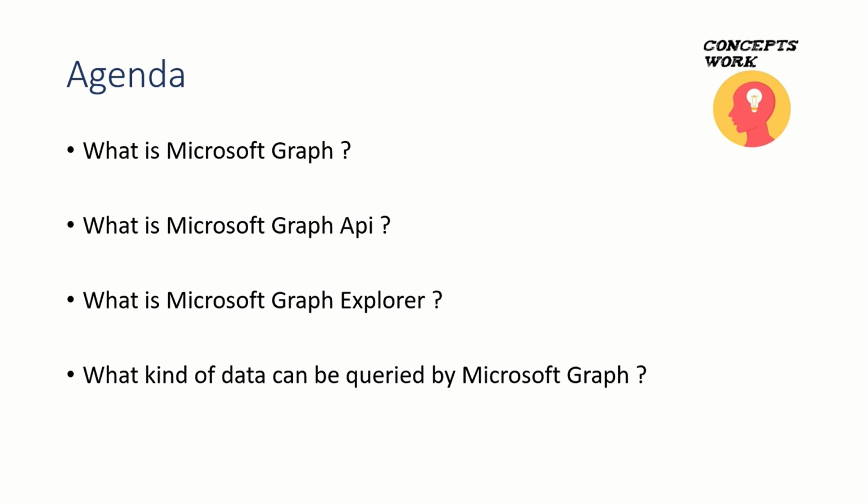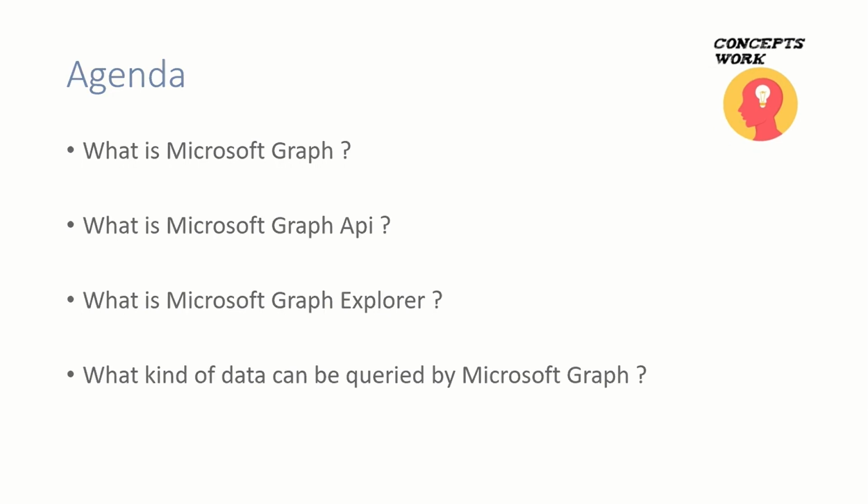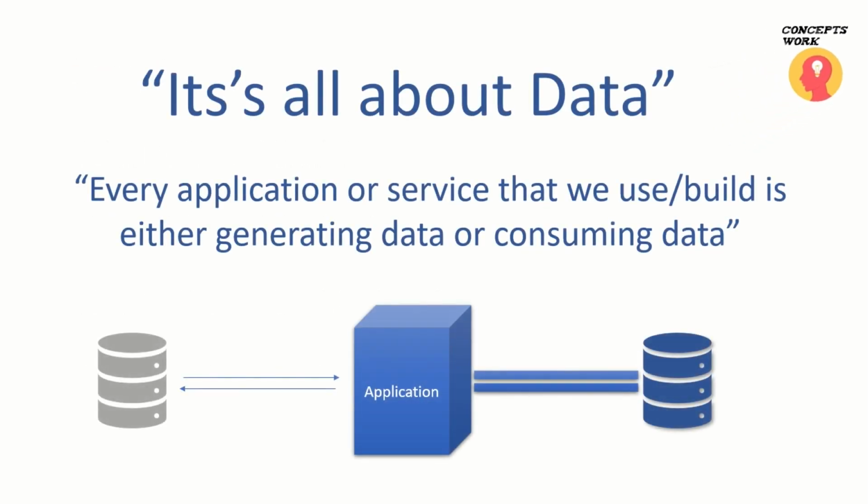Okay, so before we go ahead and understand how exactly a data-driven service works, what we have to understand is that we are living in an era where everything depends upon data. It's all about data. Any application that you are using or that you are creating is going to consume some data or create some data on its own.